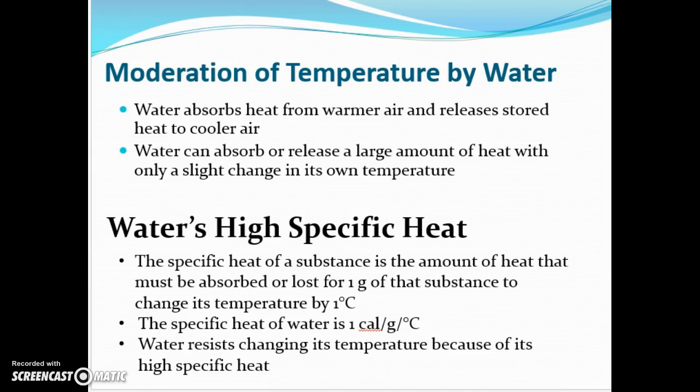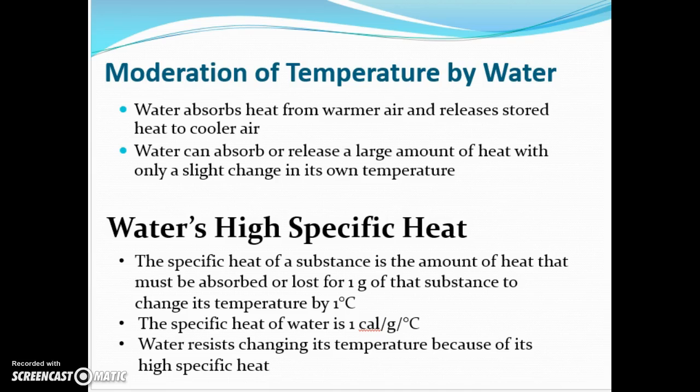Whereas as we move away from the ocean into places like San Ramon and Dougherty Valley, we can get much more extreme changes of temperature. We can get very hot, like today while I'm recording this, it's over 100. Even though it's over 100 here, over by the ocean, it's still going to be in the 70s.